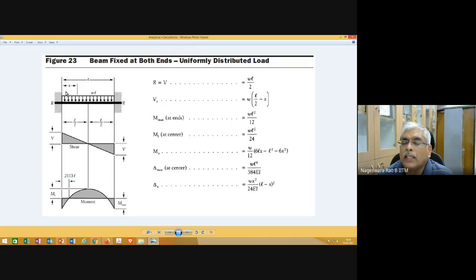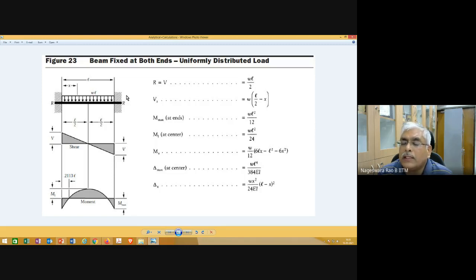If you want to express this in terms of S, what is the relation between X and S? Please take a note of it. S is equal to X divided by L, the length of the beam.